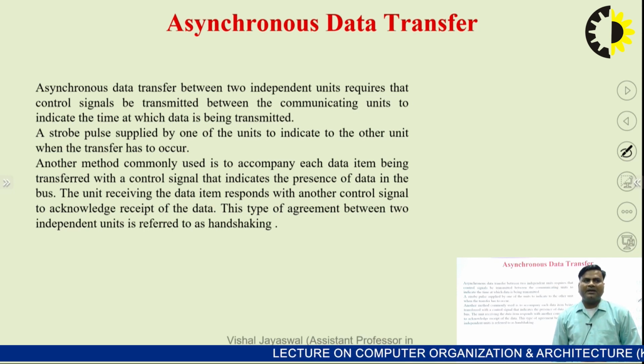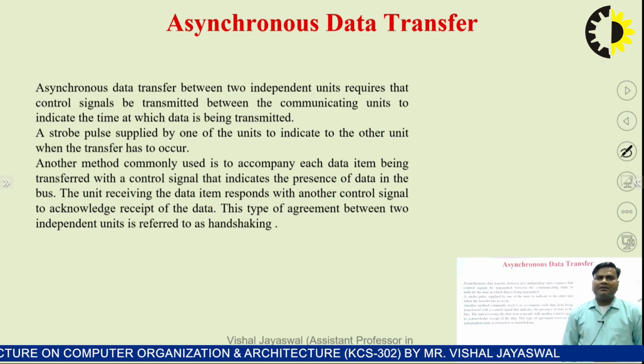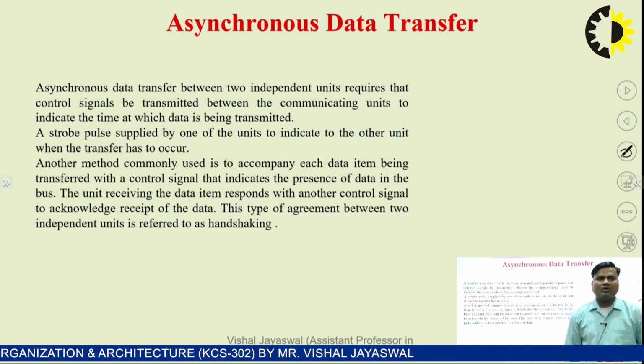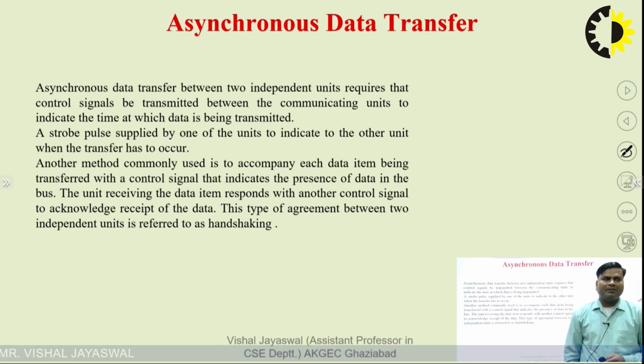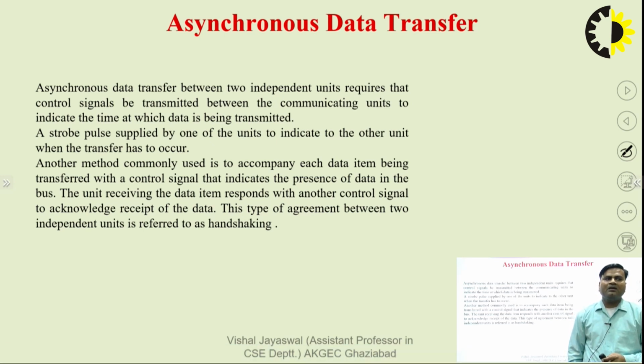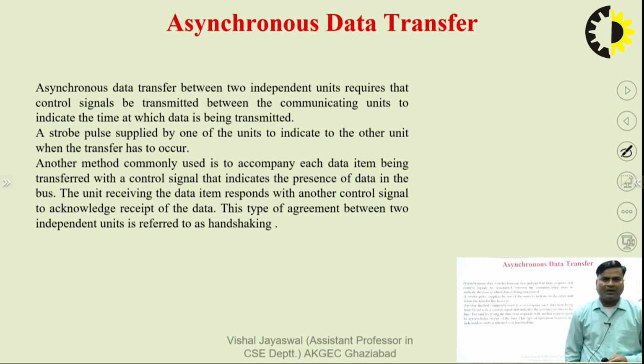Another commonly used method is to accompany each data item being transferred with control signals that indicate the presence of data in the bus. The unit receiving the data item responds with another control signal to acknowledge receipt of the data. This type of agreement between two independent units is referred to as handshaking.